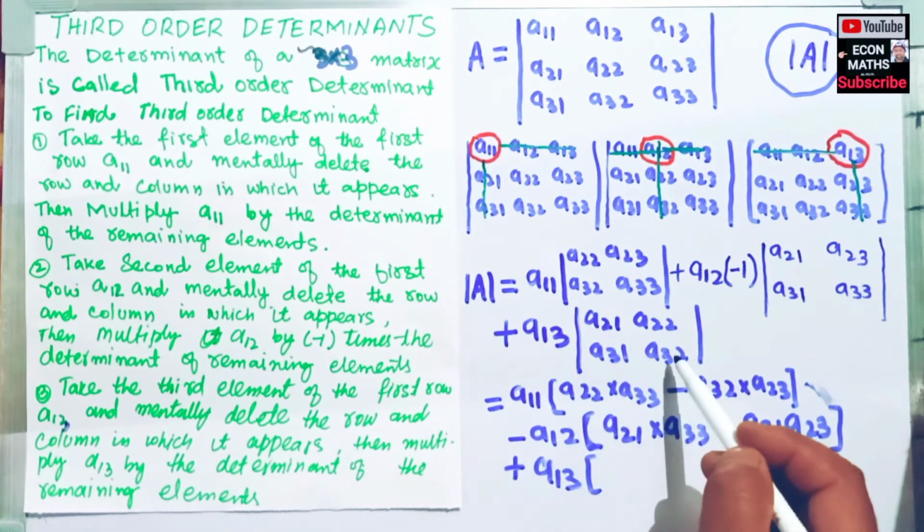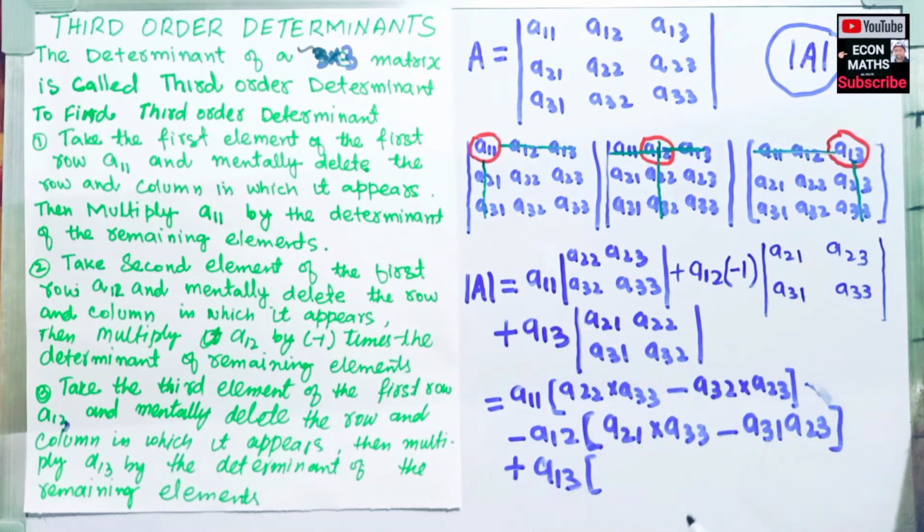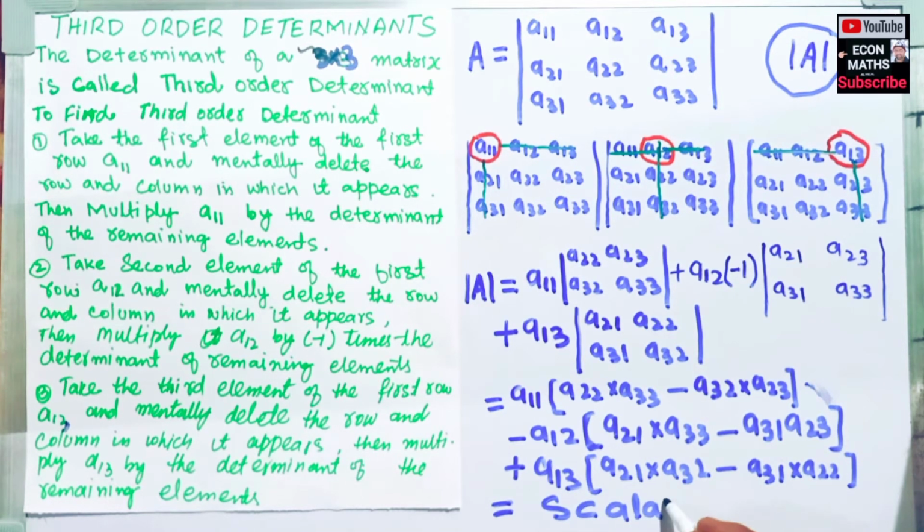Similarly, multiplying the two elements on the principal diagonal, A21 times A32, minus the product of A31 times A22. The result we get when solving these is a number, a scalar.